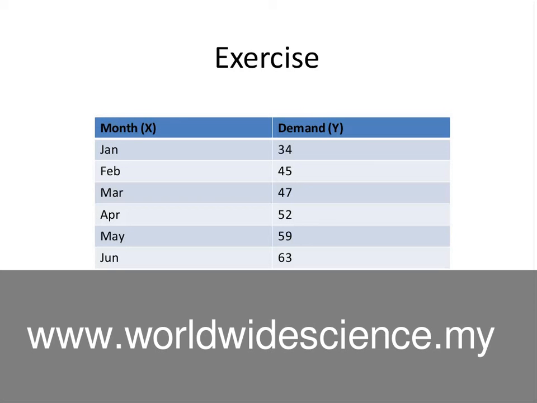For example, if we want to calculate demand for July, we have calculated A. A is 29 plus B is 6 multiplied by 1, for July. Please look at the chat.